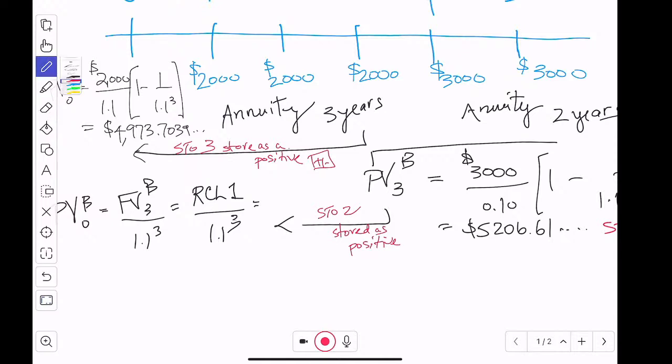Oh wait, so I get this number, 3911804. That's the correct one. And then above, so I'm going to store that in 2.